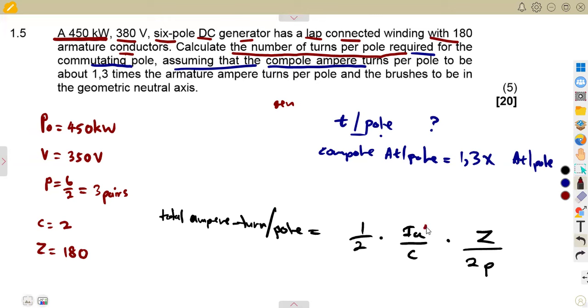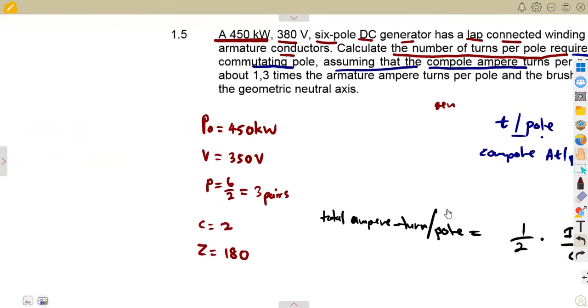The armature current we do not have here. We have this, but we do not have the armature current. So let's think of finding the armature current. So there we are just given, it's a 40 kilowatt DC generator lab connected with this.